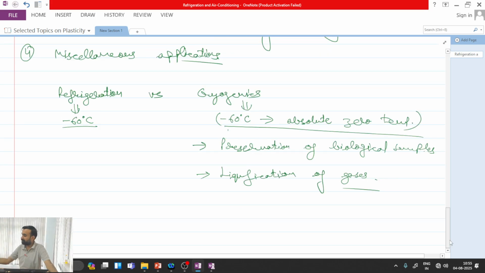So are you clear with what is the need of application, what is the need of refrigeration and air conditioning? So refrigeration and air conditioning is actually a very integral part, and of course if you have to go up to these temperature conditions, always our attempt should be to design energy efficient systems. That should be our attempt.